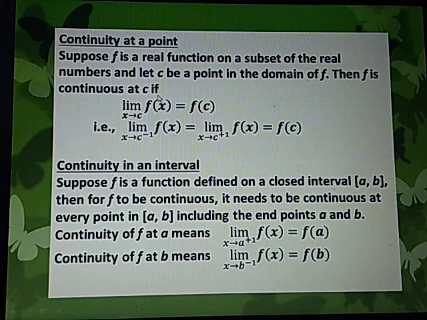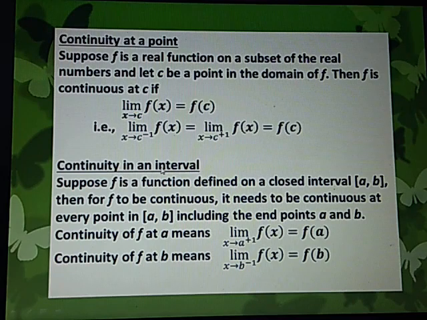This means the limit at c should exist. So we can bifurcate it into two parts. We can write it as the limit as x approaches c from the left f(x) should be equal to the limit x tending to c from the right f(x), and that should be equal to the value of the function at c. Then we can say that the function is continuous if all these three are equal.